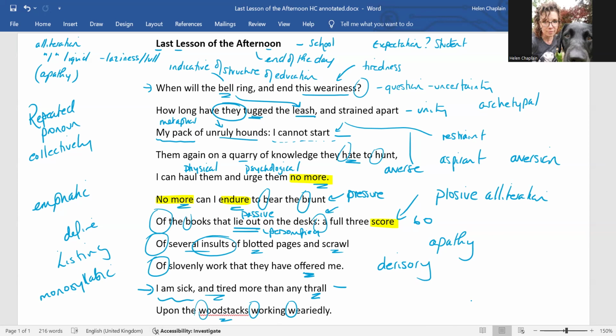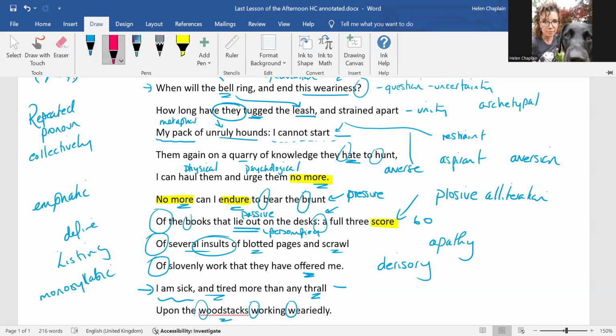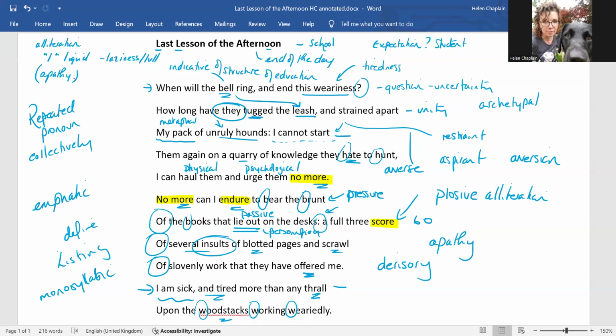So if we then look at the form and structure things that are beginning to build up here, we can see that we've got some full end rhymes. We've got hunt and brunt, more, score, scrawl, thrall. Oh, we've got another. Is there a more? Yes, more and score. And me and wearily. I'd say he is connected to the tiredness through that rhyme.